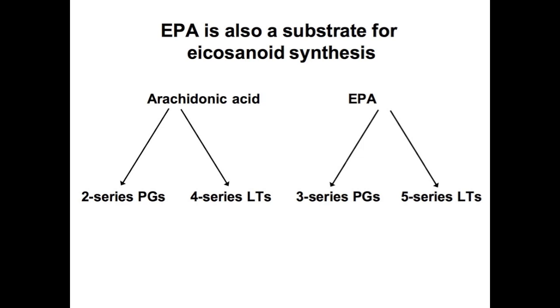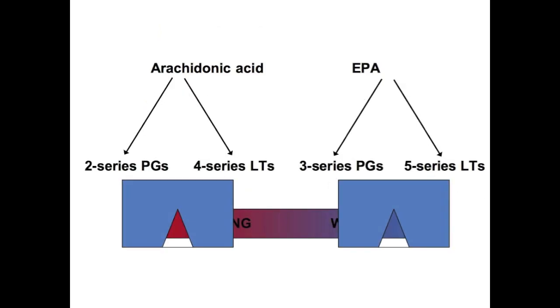So it also gives rise to prostaglandins and leukotrienes. These have a different structure than the ones produced from arachidonic acid because the substrate fatty acid has a different structure. This structural difference has a very major impact on the biological potency of these chemicals. So I've tried to summarize this here.